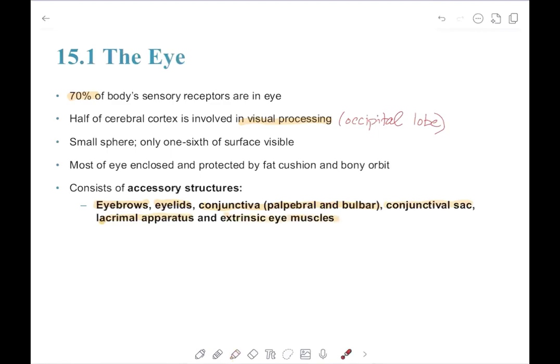These extrinsic eye muscles are controlled by cranial nerves. There are actually 3 cranial nerves that you learned about in chapter 13 that control these, and they allow us to turn our eyes left, right, up, and down.